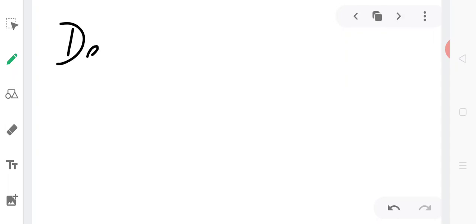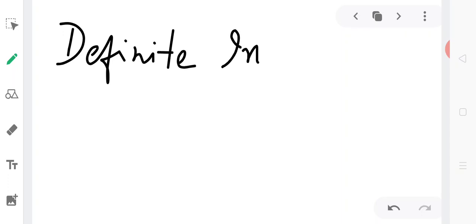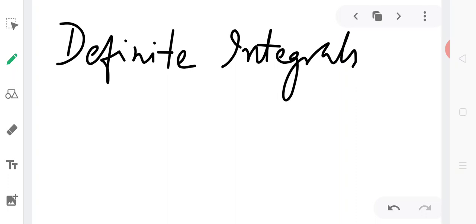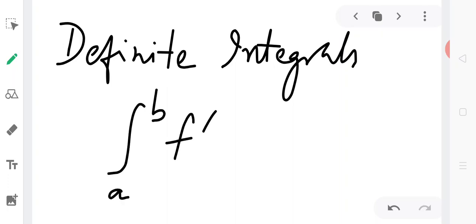Now we are having definite integrals. When a function is integrated between definite limits, like for example integral a to b f(x) dx, it is a definite integral of f(x) between the limits a and b.